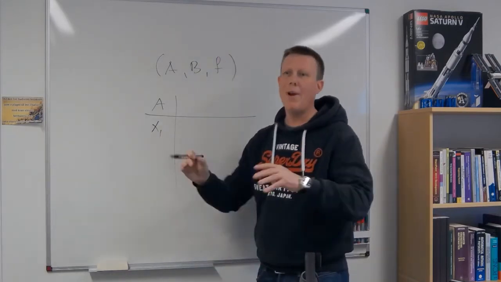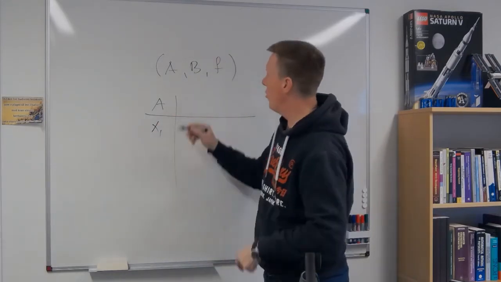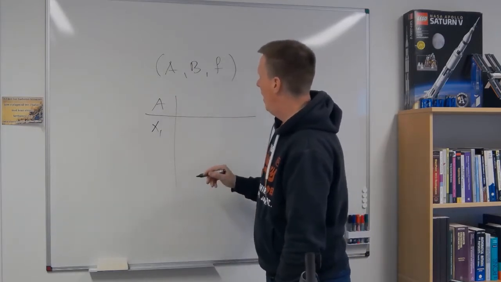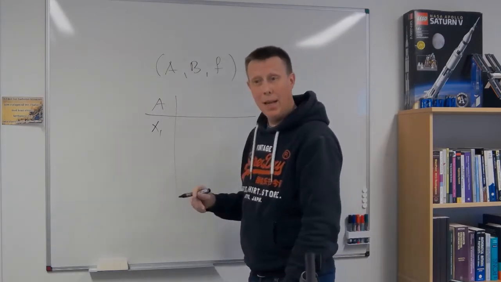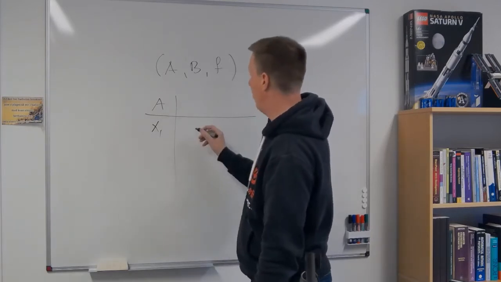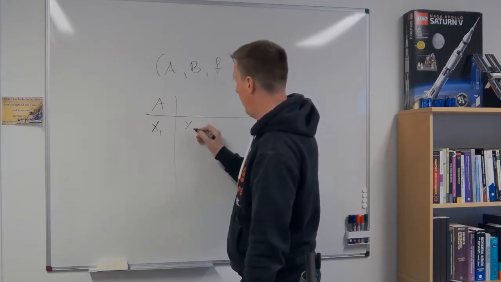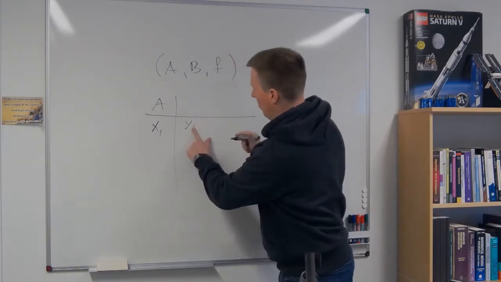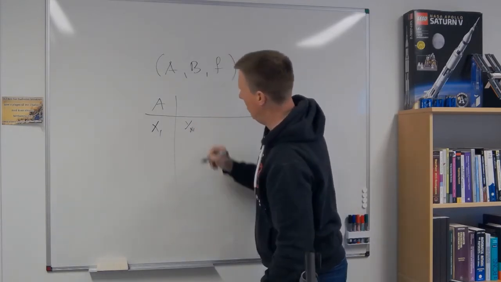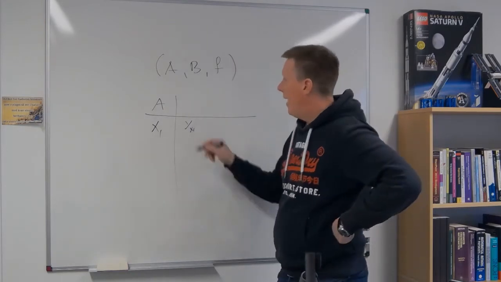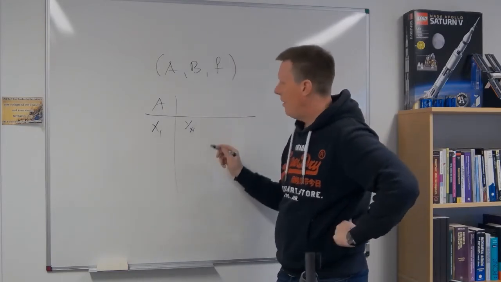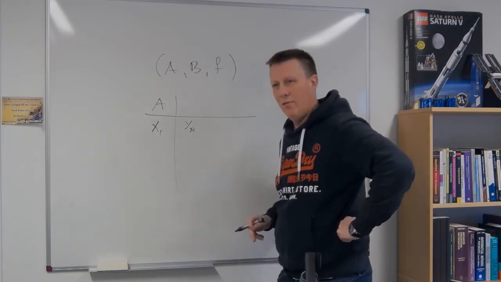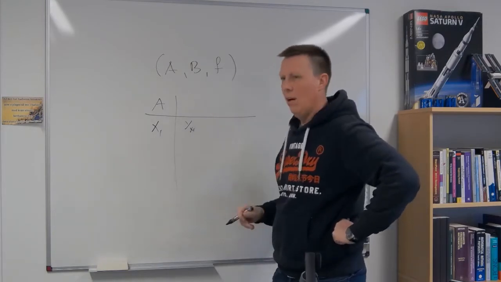It's just some randomly chosen element from A. Then I can pick some random element from B, which I could call y1 in this case. Then I can take my rule f and say, f given x and y, is that true or false? And f will say, oh, that's false.